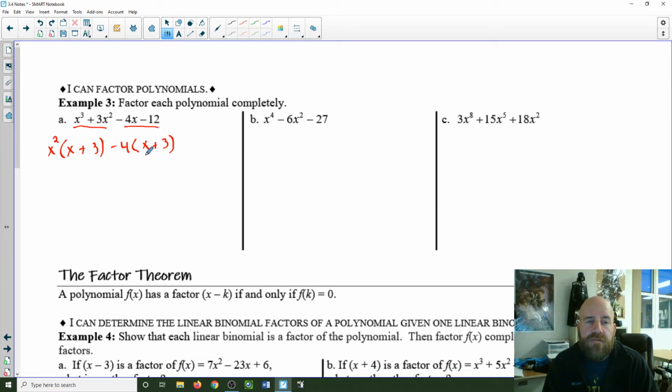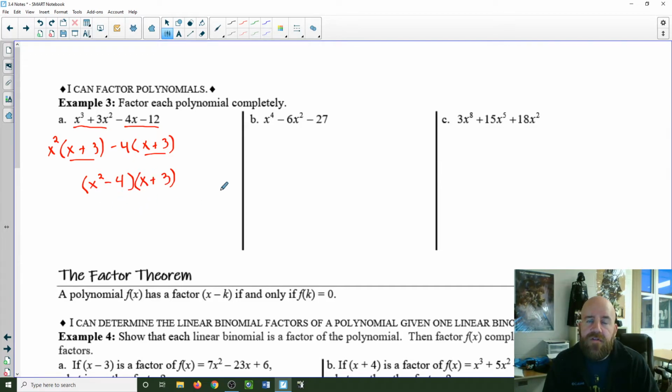The goal here is to have these binomials be the same. They're x plus 3 on both of them, so we're good. Now we write that binomial, whatever's remaining inside of both of those after the greatest common factor. Then we take what we factored out and it creates its own binomial: the x squared from here and the minus 4 from here.